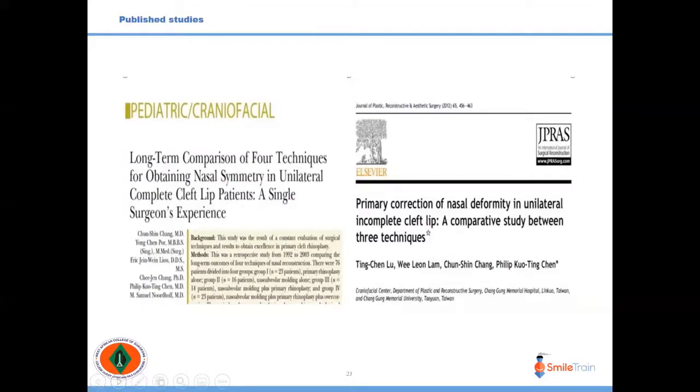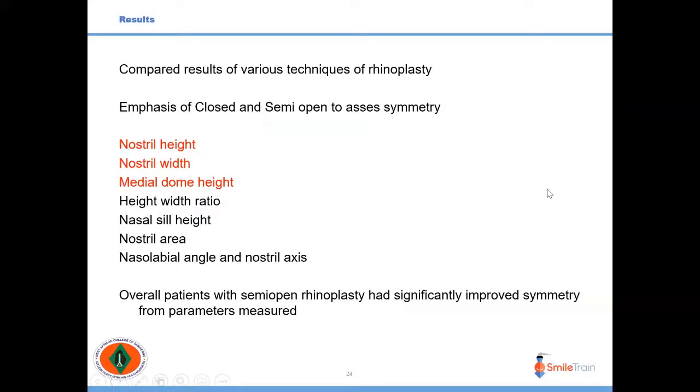In the study, they compared the nostril height, the nostril width, which can be seen on the next slide actually, and the medial dome height.